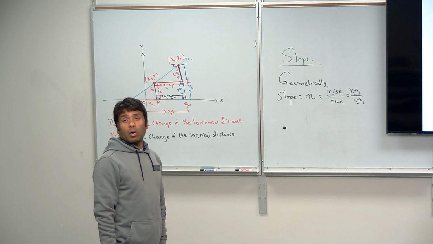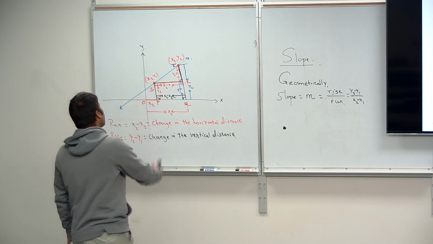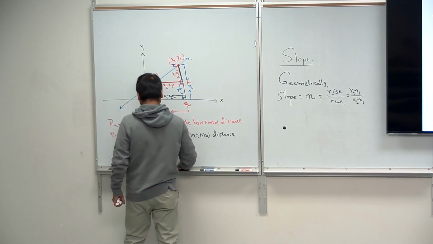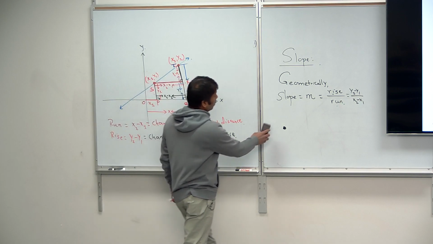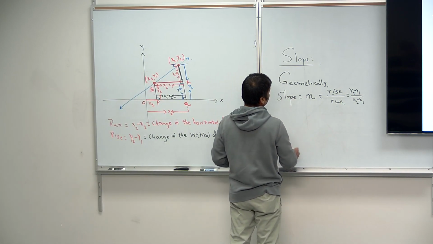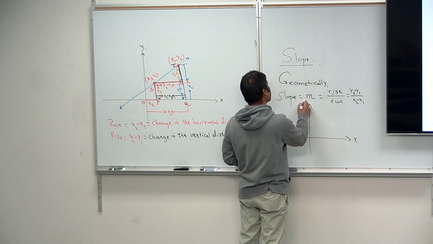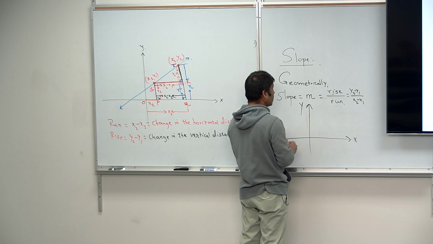So the slope of the vertical line, you see, when you have a vertical line, what will happen? You have this, this is your x-axis, this is your y-axis. Now let's say you have a vertical line here.